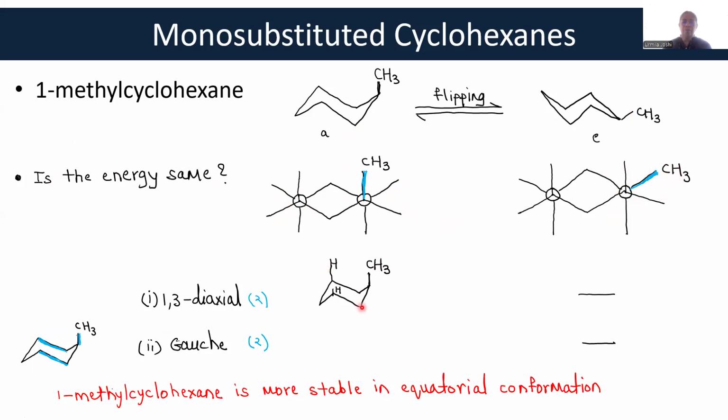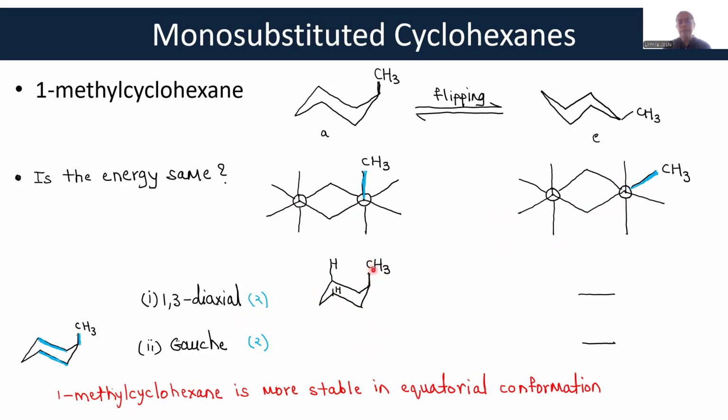And here is 1-methyl cyclohexane in axial form. This is a Newman representation. This is a normal representation. Now let us try to understand whether energies are same or different. Look at this structure. This methyl group is in axial position, upper plane carbon axial.